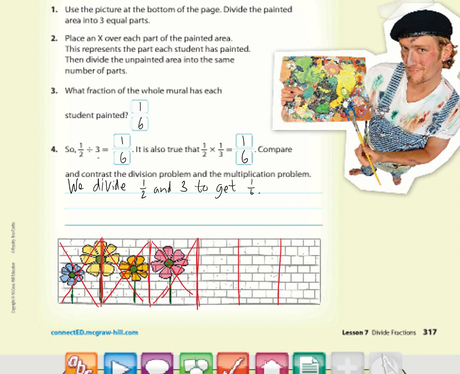We multiply 1/2 and 1/3. I'm going to put in parentheses, this is the reciprocal, to also get 1/6.